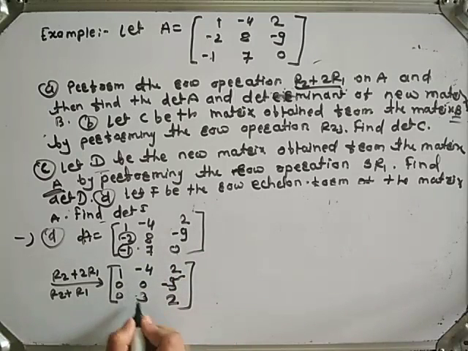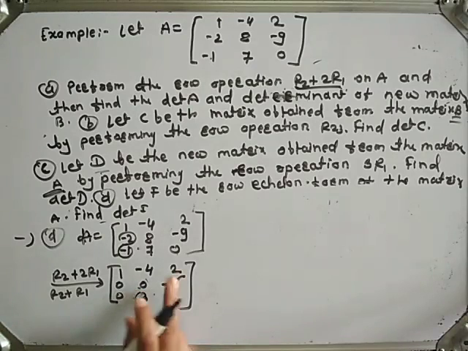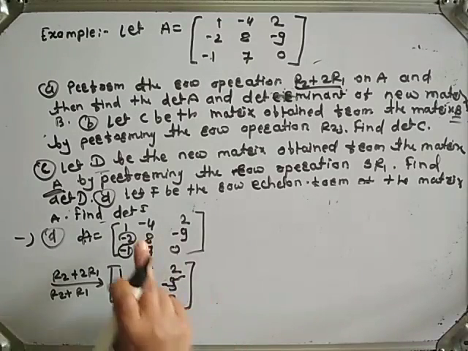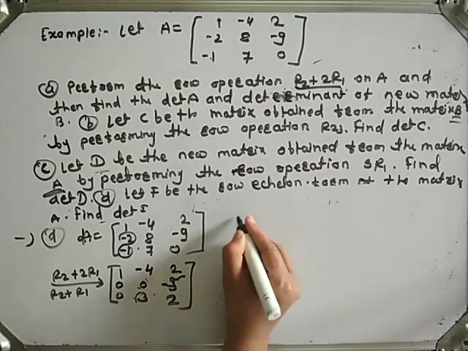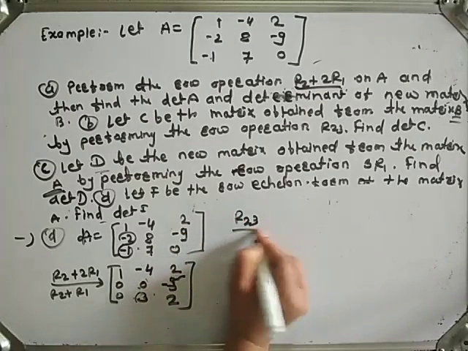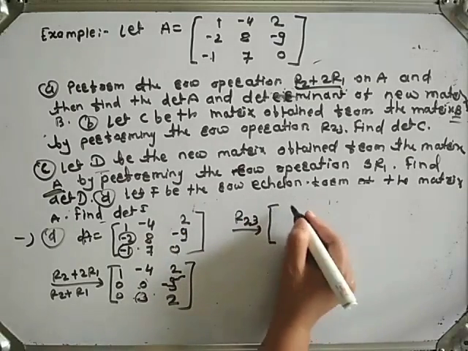Now actually here we require 0 and here we require a leading 1, so we will perform a row operation R2 ↔ R3. In the previous operations, the determinant of this matrix and the determinant of A remain the same. Now perform the row operation R2 ↔ R3.